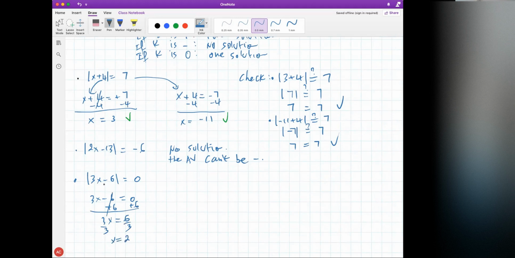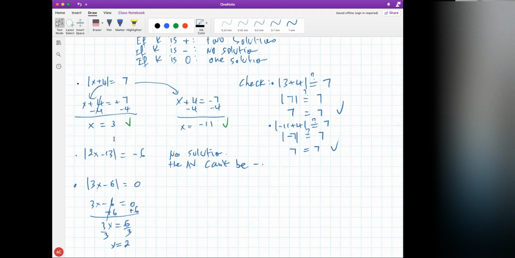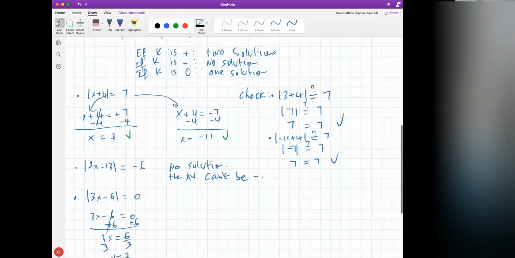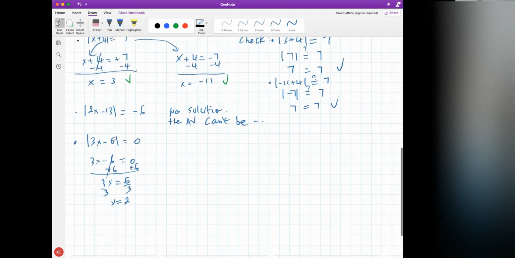You can also check it: 3 times 2 is 6, 6 minus 6 is 0. So that's one solution only in this case. It's all about k and the standard form.